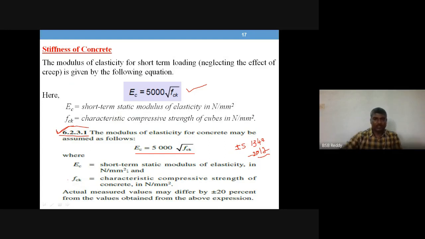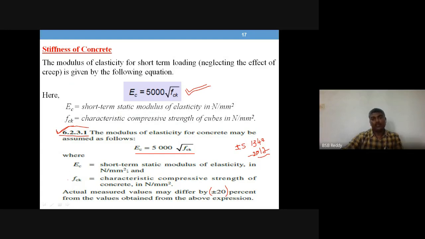Okay, so that means the accuracy of this equation is given that the plus or minus 20% error may be present in this equation. That is what it means.